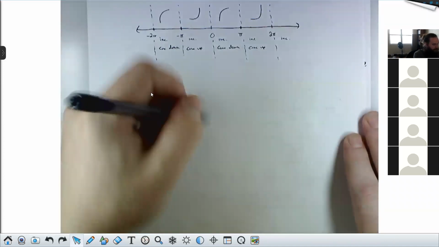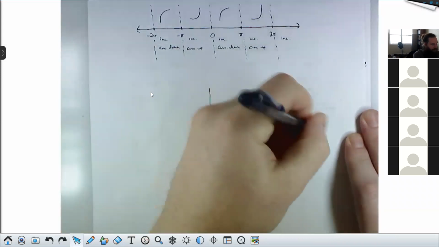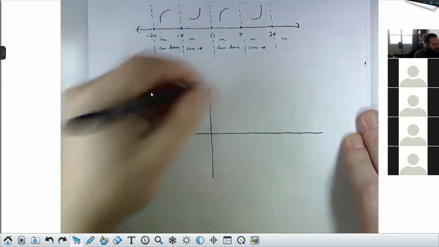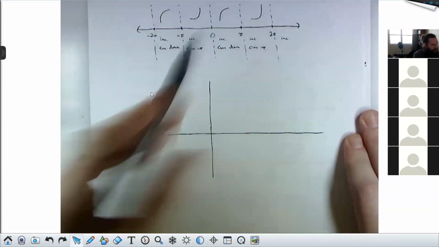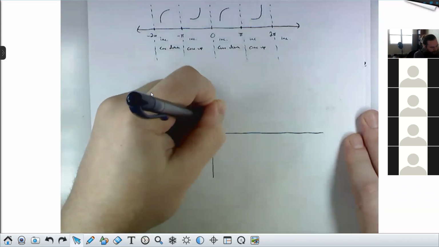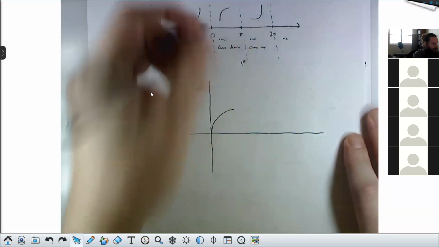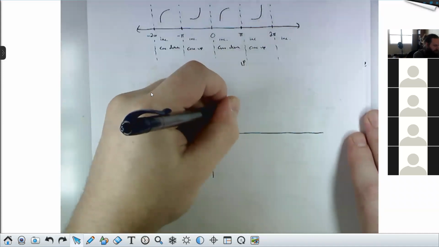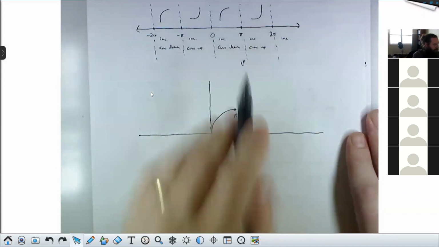So if I want to draw the graph, I know I have to start at the origin, 0, 0. And I am going to start out increasing concave down. So I'm going to have some piece that looks like this. I have an inflection point here. And if I want to find the y value of that inflection point, I would do that by plugging pi into the original.